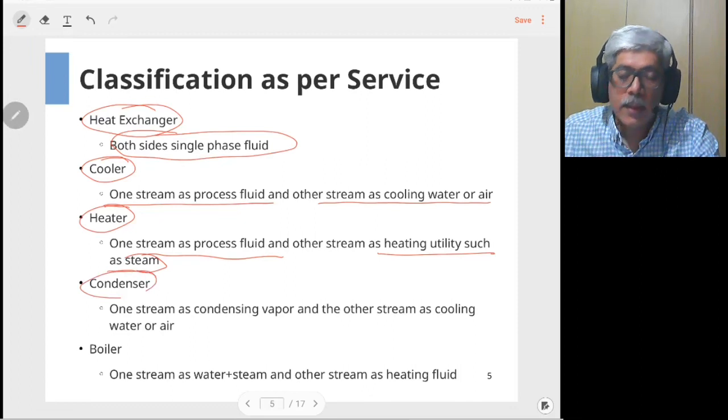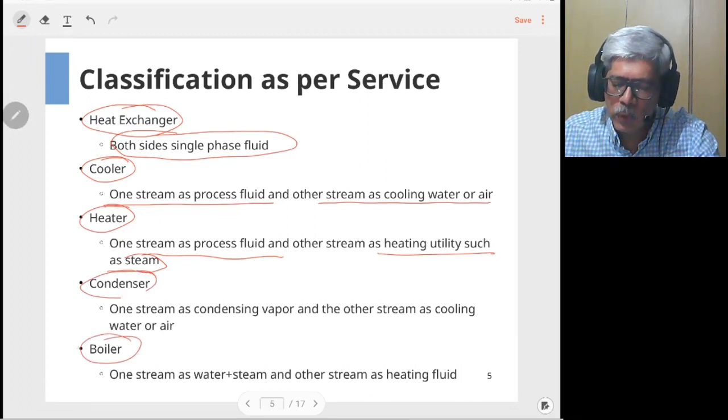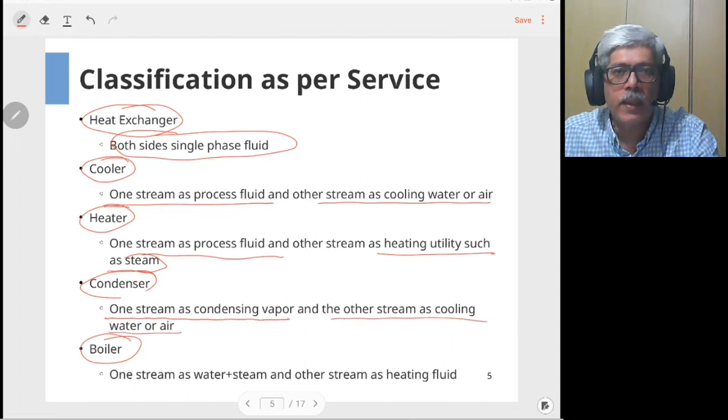Condenser and later on the boiler, both of them are examples of two-phase fluids. One of the fluids is two-phase. So one stream in case of condenser is a condensing vapor and the other stream is cooling water or air. So condenser is where some condensation is taking place. So there is a mixture of vapor and condensing liquid.